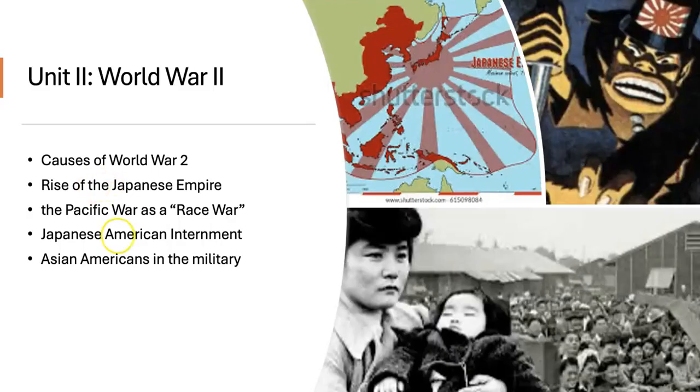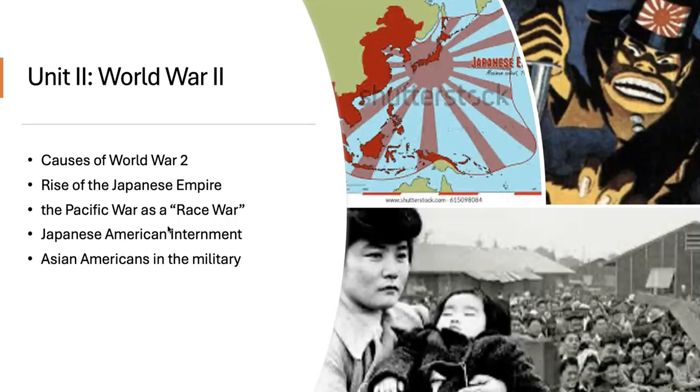We'll also look at how the Japanese Empire ascended so precipitously, as I mentioned, by the later part of the 1800s, and then certainly into the 20th century. It would, of course, collapse with Japanese surrender at the end of World War II, with the dropping of the atomic bombs by 1945. And another angle we'll take in this examination, in this history, is the Pacific War as a race war, quote unquote.